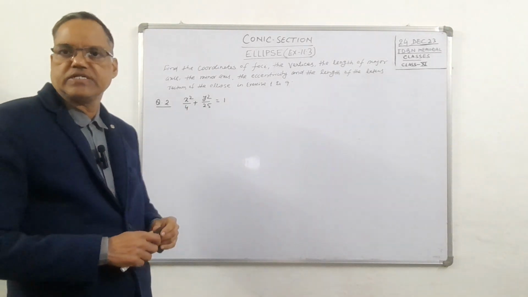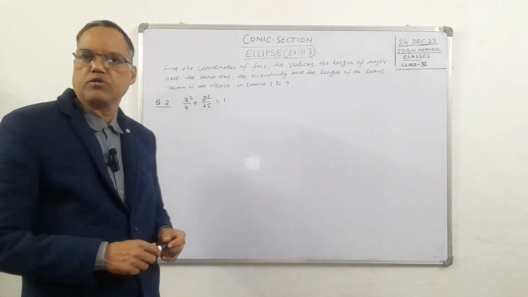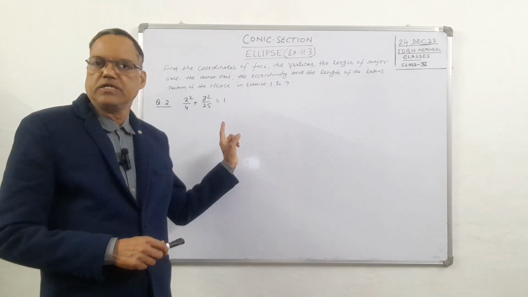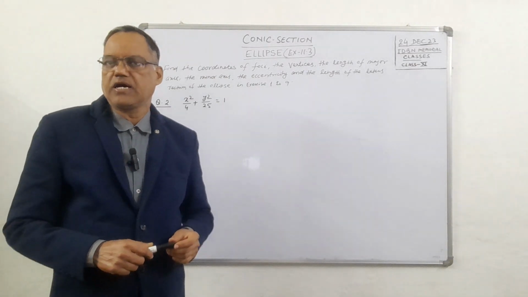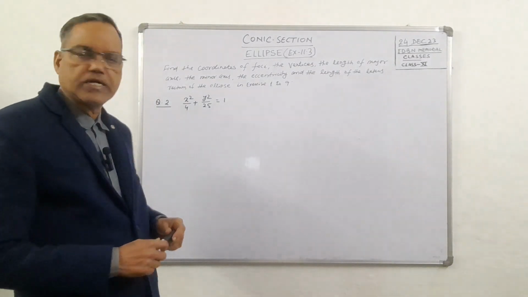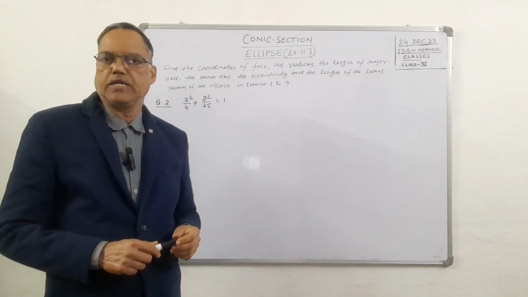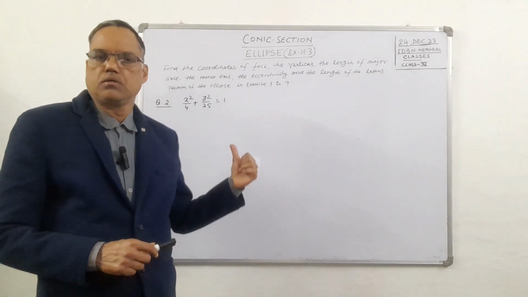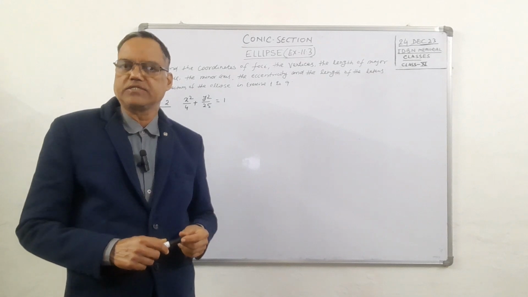Here we see that x square by 4 plus y square by 25 equal to 1. Here the denominator of y square by 25 is larger than the denominator of x square by 4. So the axis of the ellipse will be along the y axis, meaning the major axis will be along the y axis.